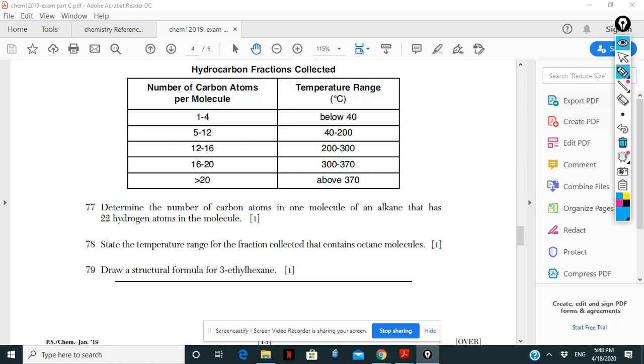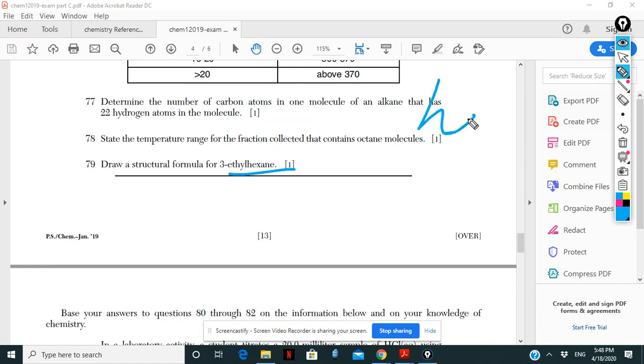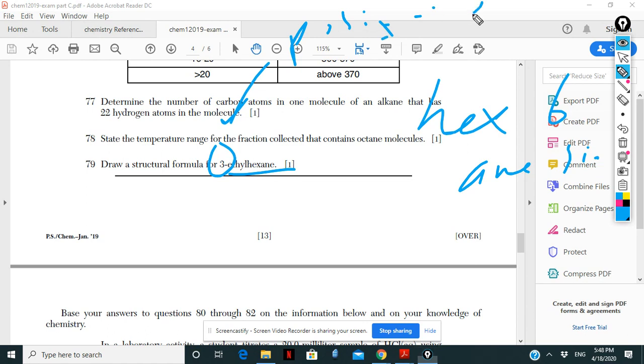Now, draw the structural formula for 3-ethylhexane. Hex means 6, ane means all single bonds, and 3 means position 3, and ethyl is the substituent. So at position 3, I have an ethyl group, which is C2.